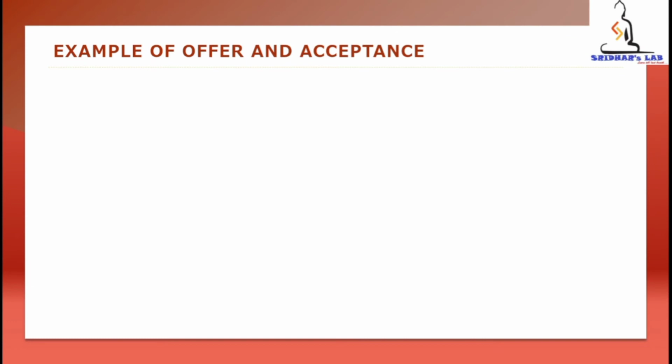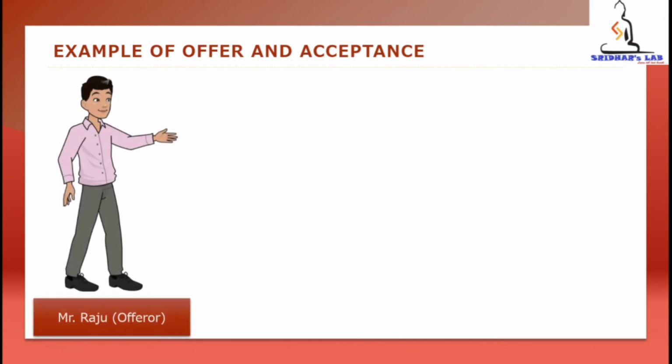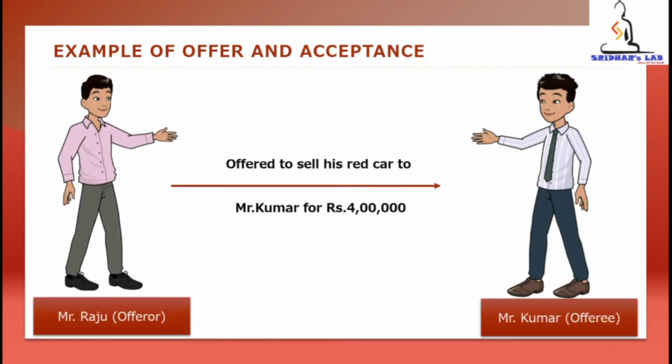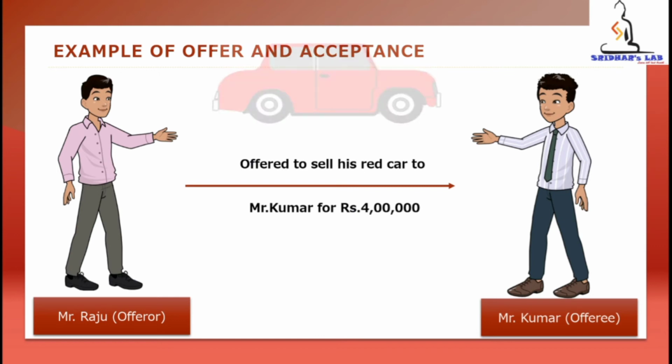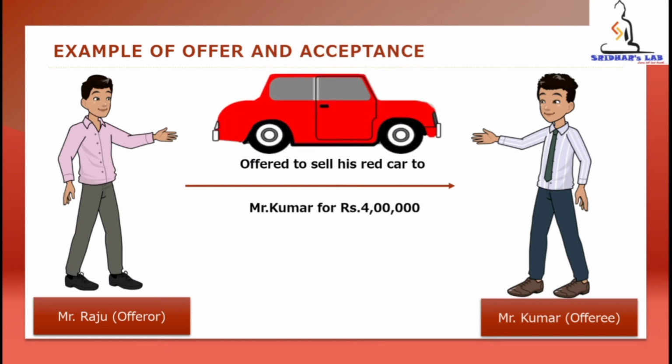Let us take an example to understand offer and acceptance. Mr. Raju offered to sell his car to Mr. Kumar for rupees 4 lakh. So here Mr. Raju is making an offer to sell his car to Mr. Kumar.